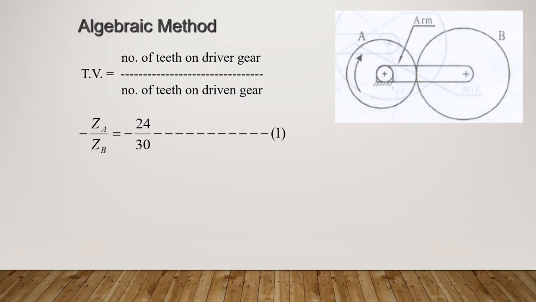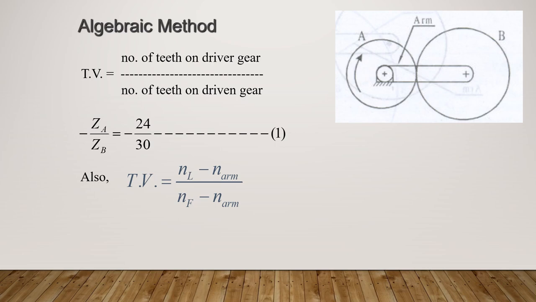Next, apply the formula. What is the formula? It is NL minus NR divided by NF minus NR. That is the formula of the train value for an epicyclic gear train. Use that formula now. Substitute the values here. NL means the speed of the last gear. When you take A as the driver, it will be the first gear, so obviously B, the driven gear, will be the last gear.